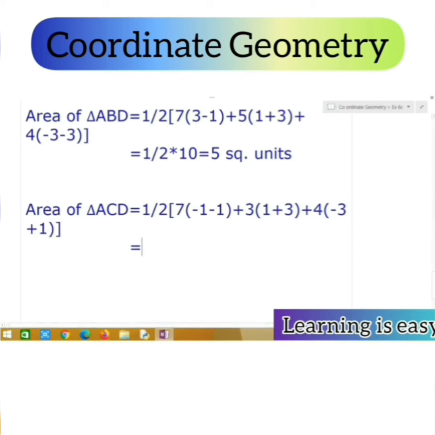That's going to be half into 10, which is again 5 square units.